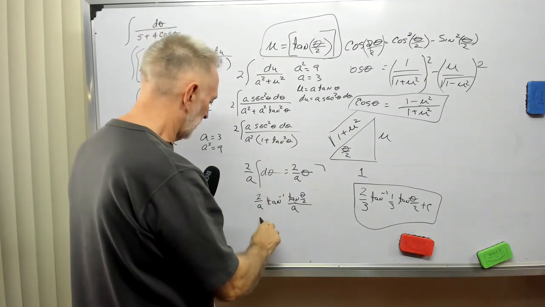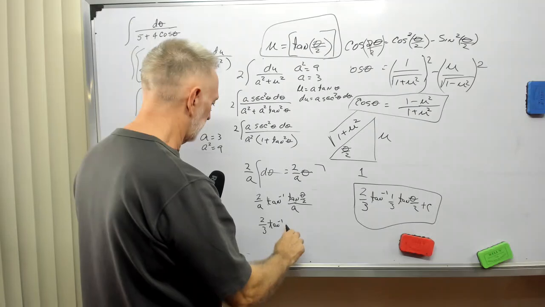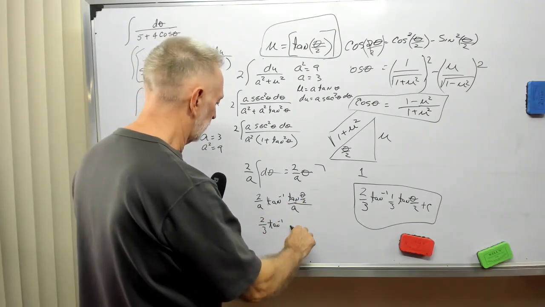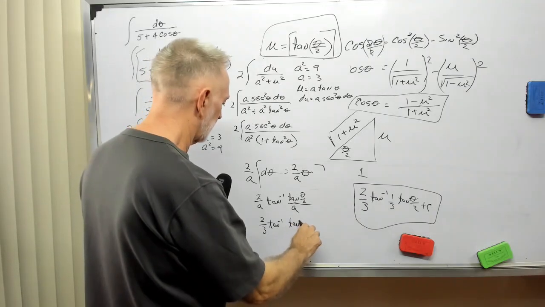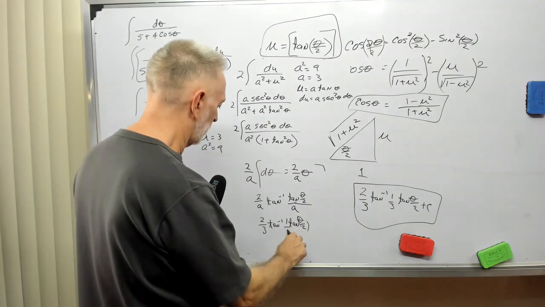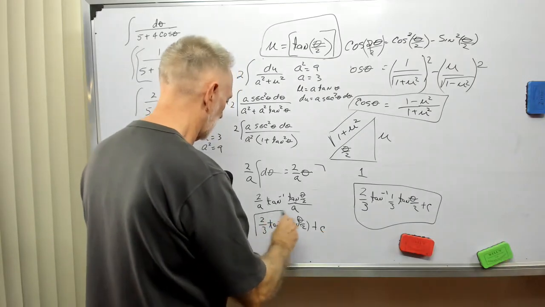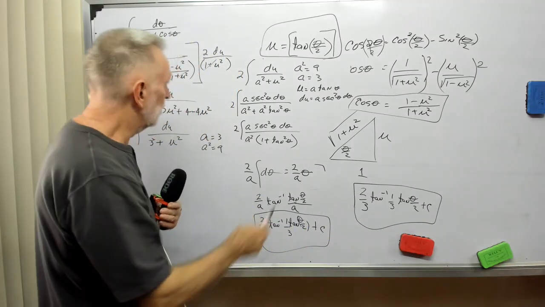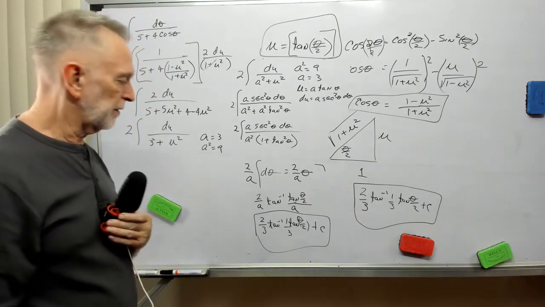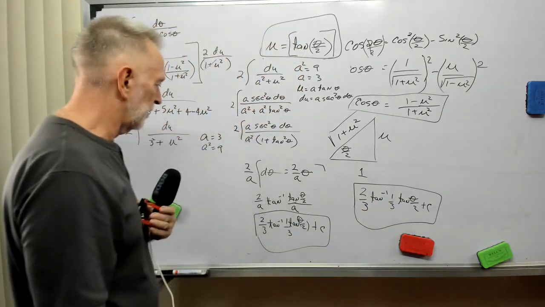A was 3, so we end up with 2/3 tangent inverse of tangent theta over 2 over a, or multiplied times 1/3 plus c. And that, my friend, would be the integral of d theta over 5 plus 4 cosine theta. And you can see we ended up with the same thing here.